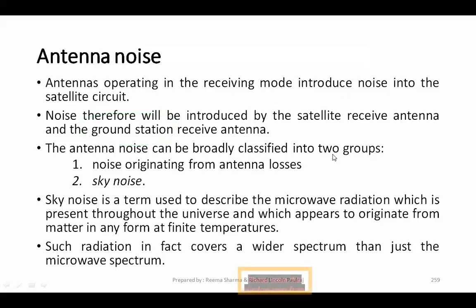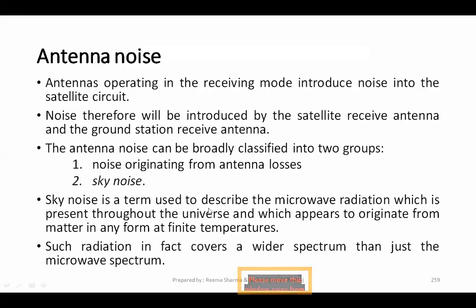So the antenna noise can be classified into two. One is the noise originating from antenna loss, and the other is sky noise, or noise due to the external environment. The first one is because of the internals, just because of the antenna.